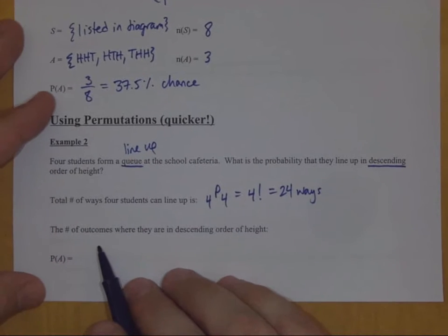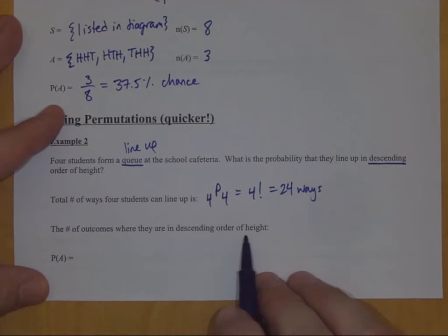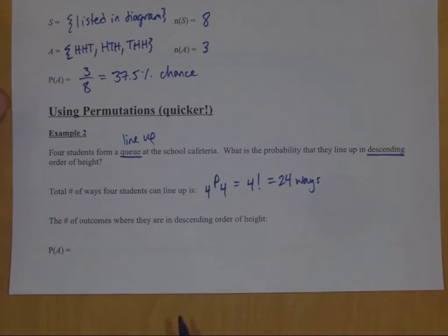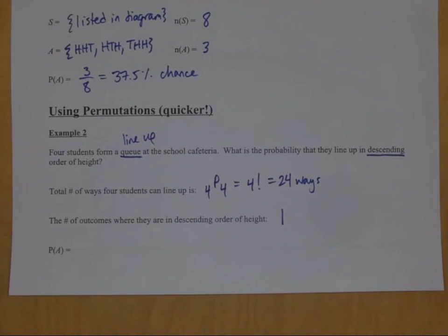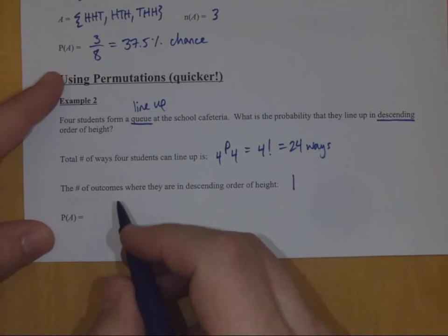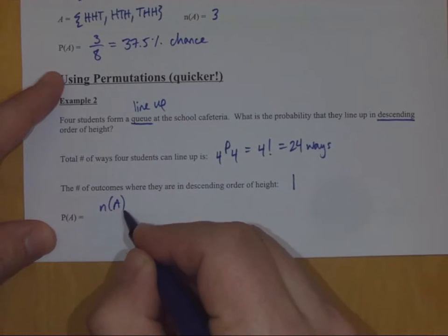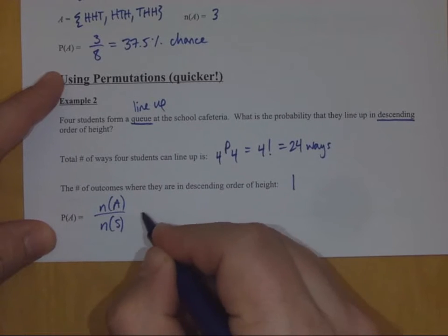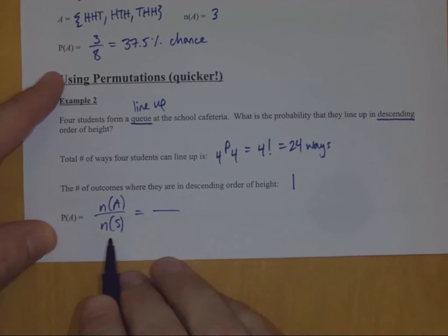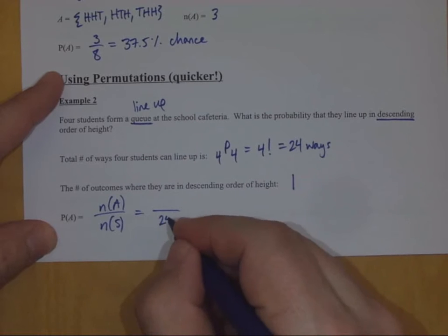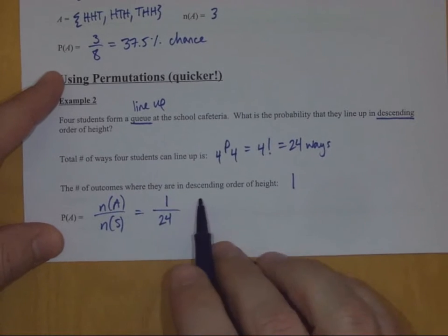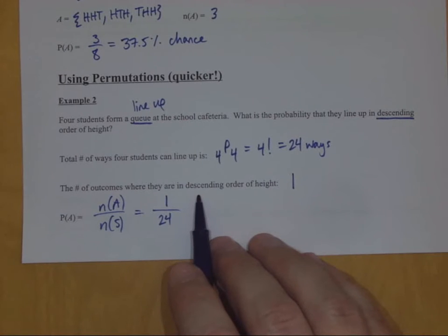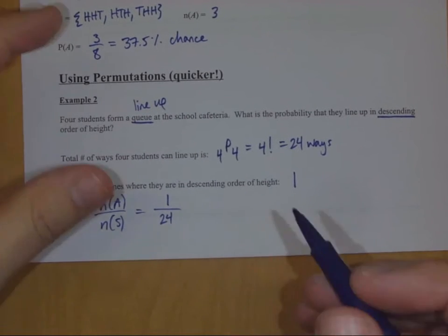The total number of outcomes where they are in descending order of height, though, where they have to be in that order specifically, there's only one order that happens in. So the probability of this event, which by the way is n(A) over n(S), n(S) was the unrestricted 24 ways to line them up. n(A) is the one way we're looking for when it's restricted to descending order of height.